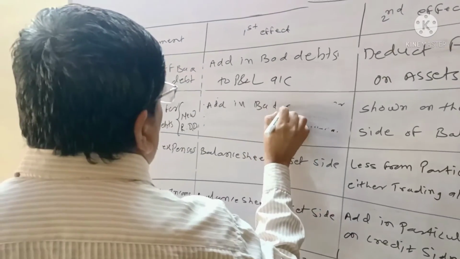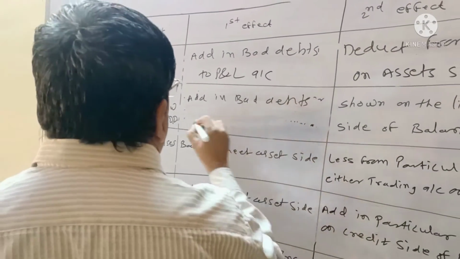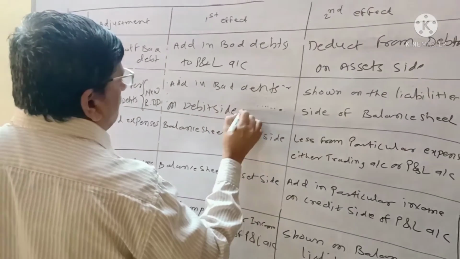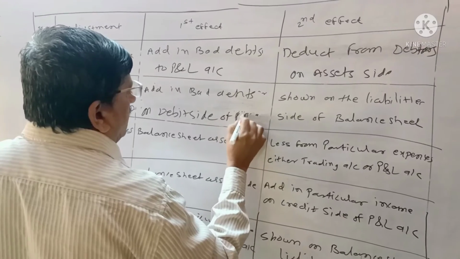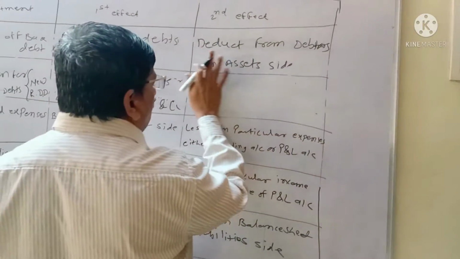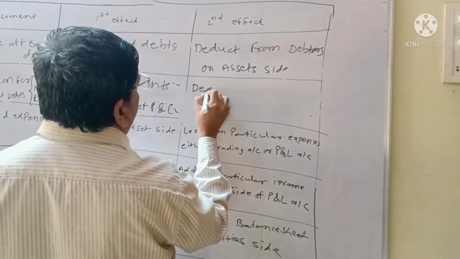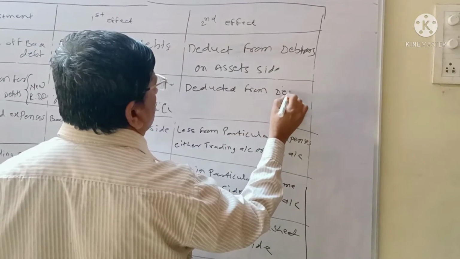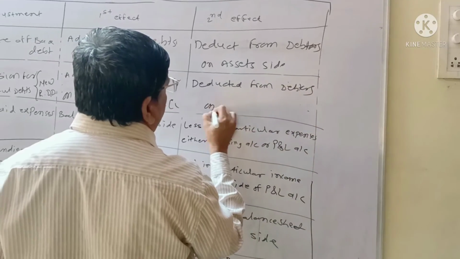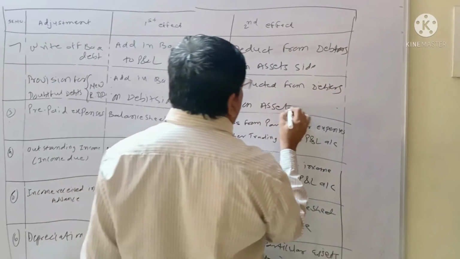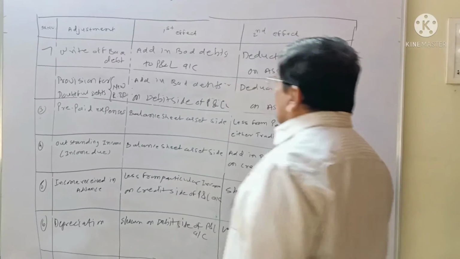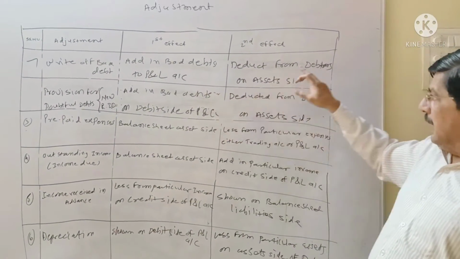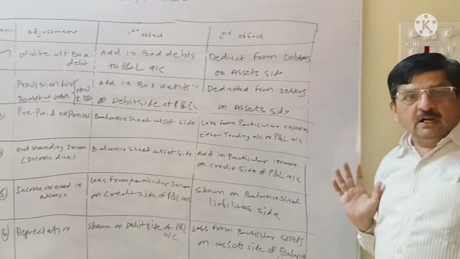This is also added to bad debts on the debit side of the P&L account, and it is deducted from sundry debtors on the asset side. Bad debts and provision for doubtful debts are both taken on the debit side, added to bad debts, and both items are deducted from the debtors.